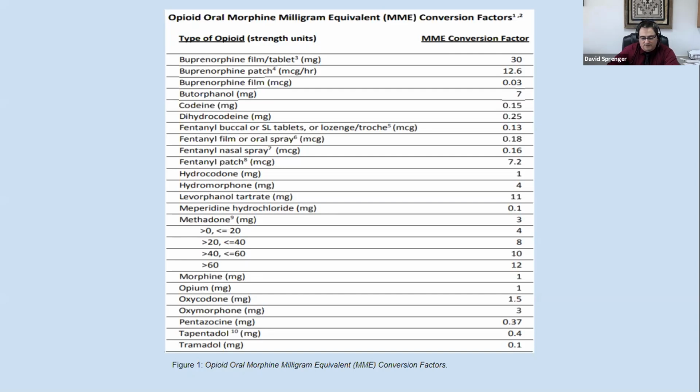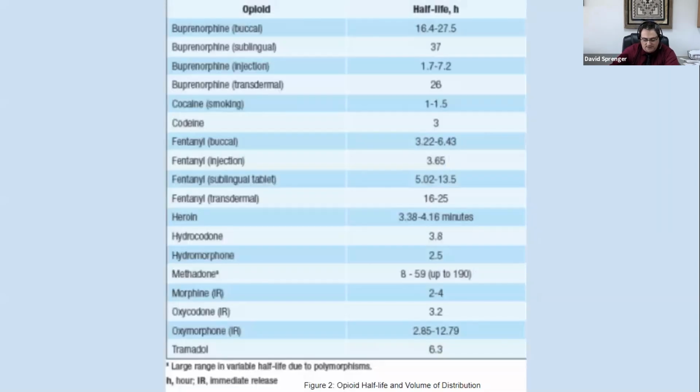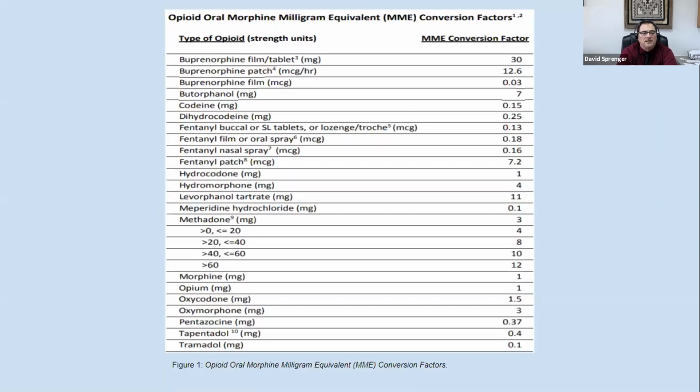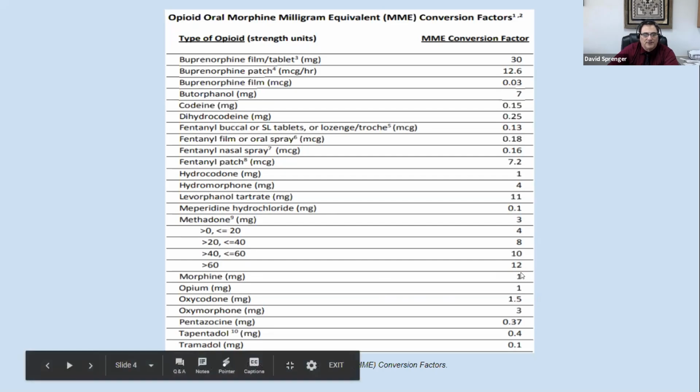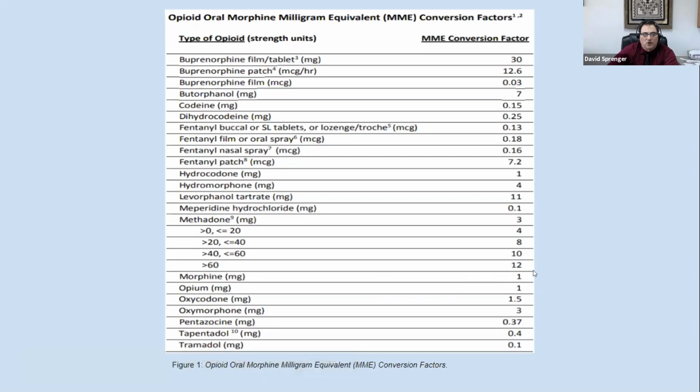Actually, let me go back to this one. I just wanted to point out, to explain this chart a little bit more, that morphine is here on the bottom. Morphine equivalent to 1 milligram, of course, that's what we're measuring, is also equivalent to 1 milligram of hydrocodone.